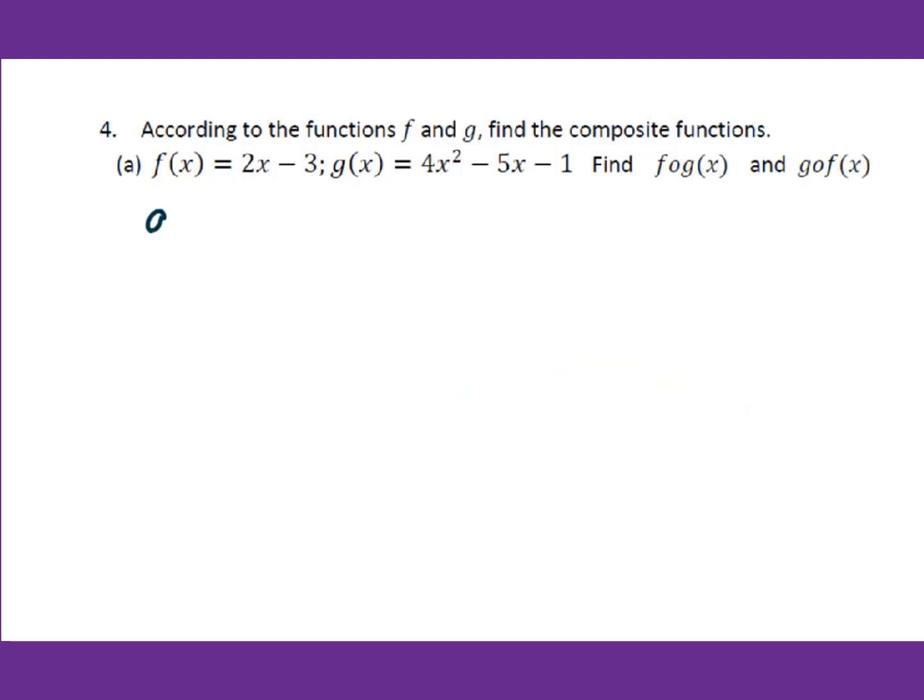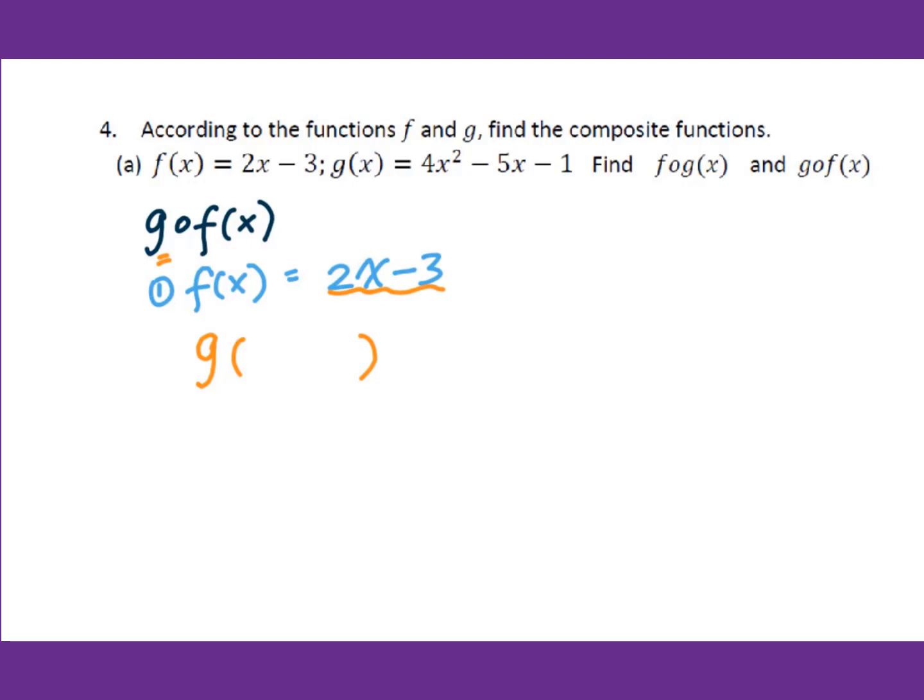Now let's go to g of f of x. We're working on f of x first. F of x, that's 2x minus 3. Then we go to this g function. G function, remember we got this one in. So we get 2x minus 3.